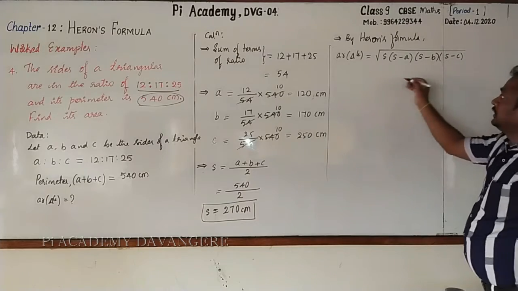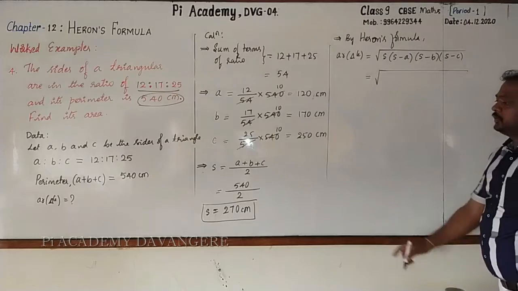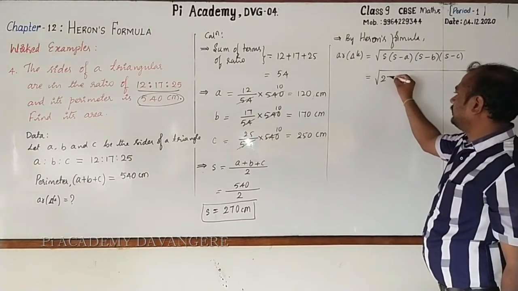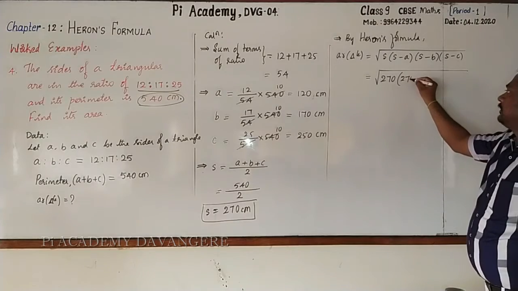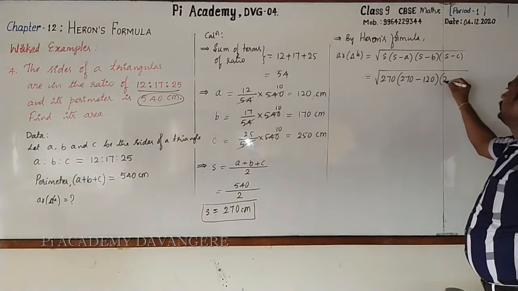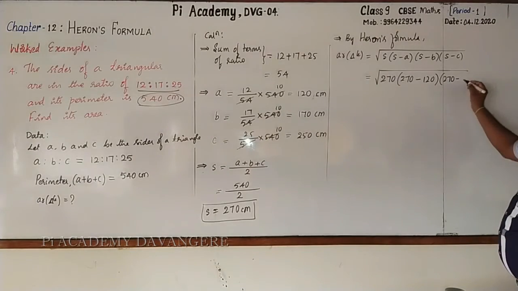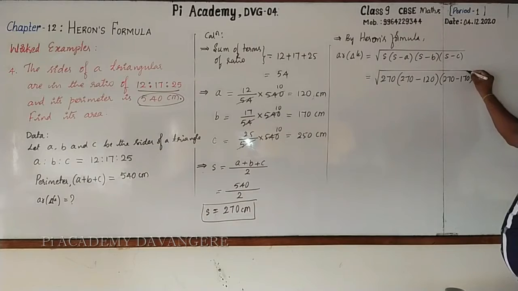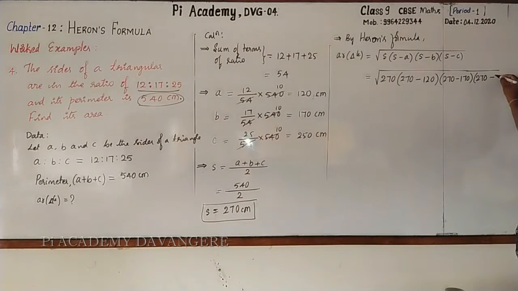Where the semi-perimeter is 270, s minus a is 270 minus 120, s minus b is 270 minus 170, and s minus c is 270 minus 250.